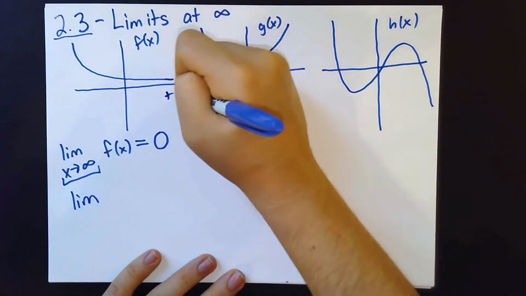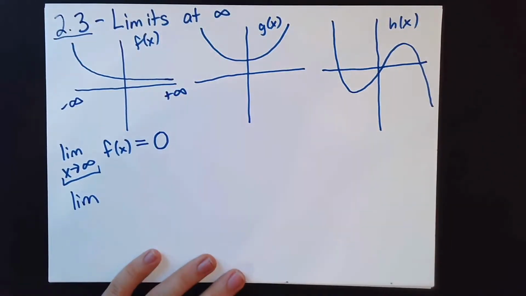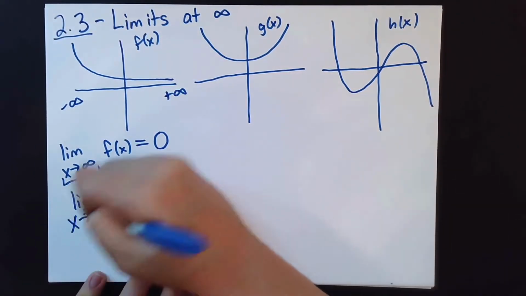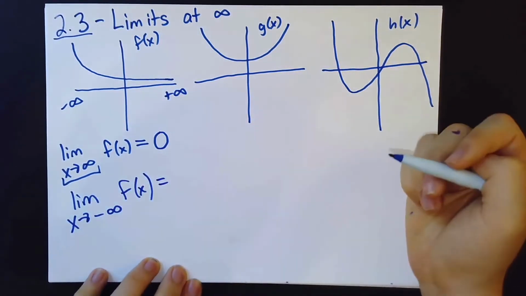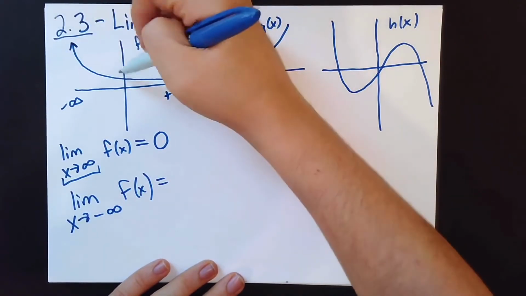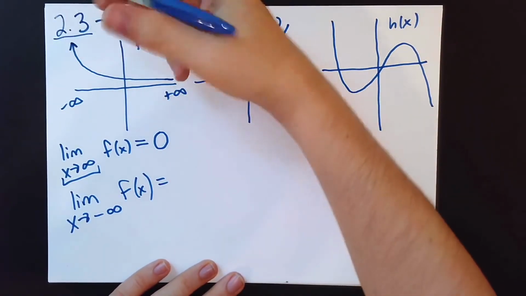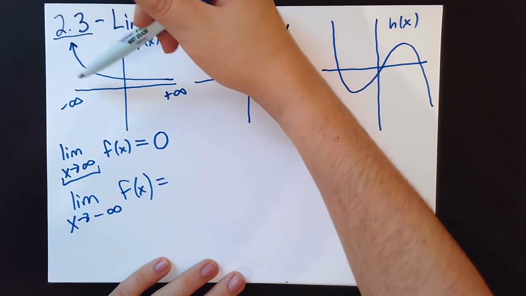Now, plus infinity is over here. There's also a minus infinity that lives over here, so we can also talk about the limit as x goes to minus infinity of this function. Namely, what happens as I read the function in this direction? As long as the trend continues, it looks like this function is going to keep getting bigger and bigger.